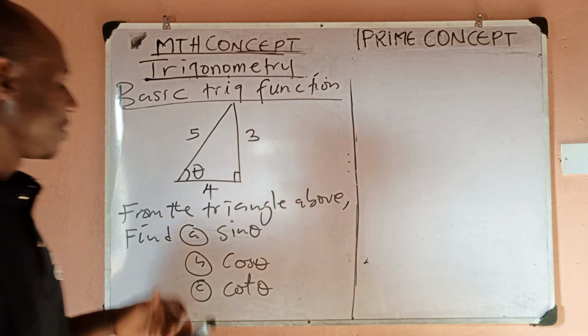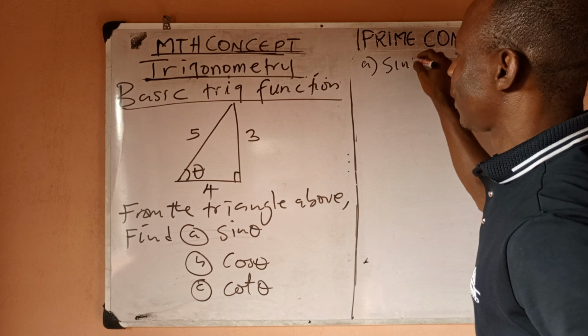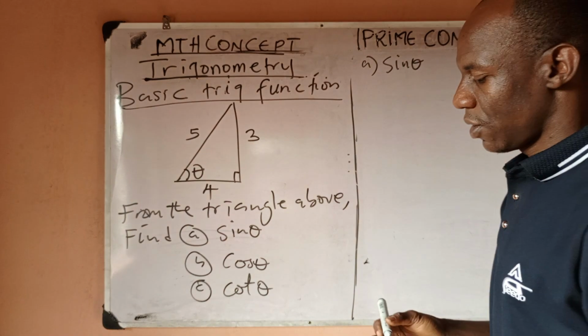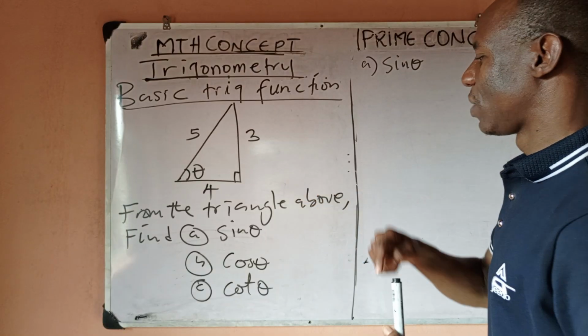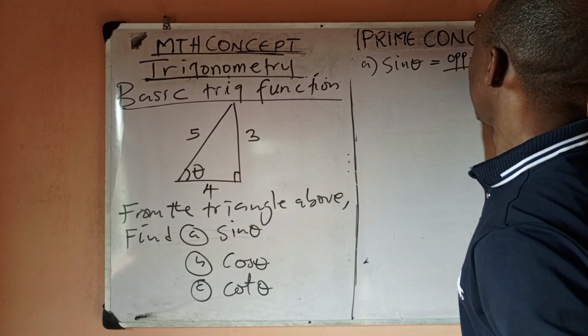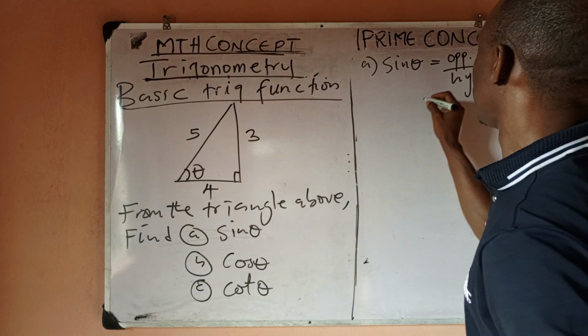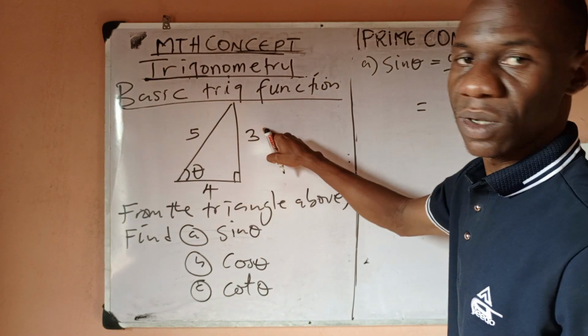So it's very simple. We first of all want to get sine theta, and you would recall that sine is actually opposite over hypotenuse. So what is the opposite side to this angle? The opposite side is 3.